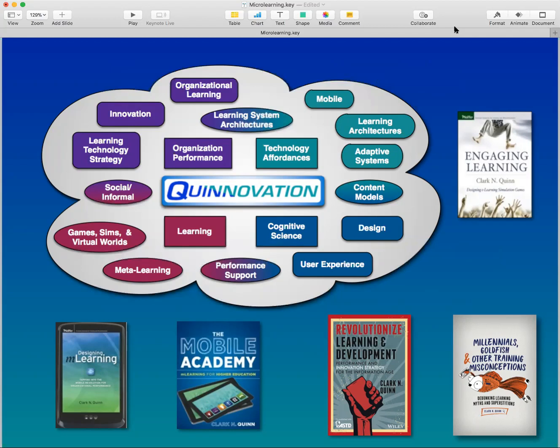It's led to a lot of things: games, mobile, learning technology strategy, and most recently, a focus on learning science and debunking the learning myths that are plaguing our industry. But that's sort of a quick overview of my role as the proprietor and chief everything officer at Quinnovation.